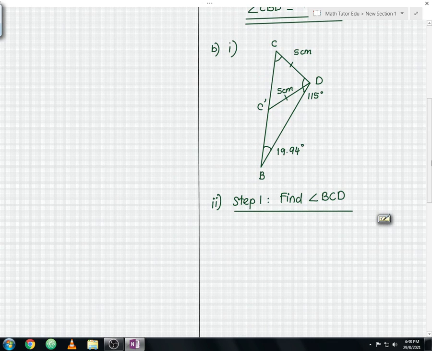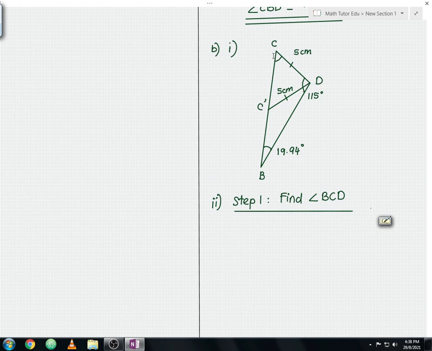As you all know, the total internal angle of a triangle is 180 degree. This 19.94 we have already found out, and this 115 degree is already given. So the only angle left within the triangle CBD is this particular angle, which is angle BCD. In order to find angle BCD, it will be 180 degree, and then you minus these two angles, you should be able to get this remaining angle.